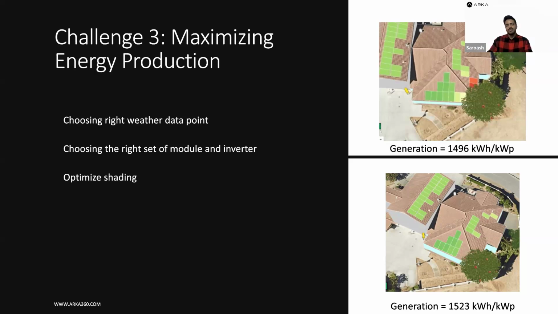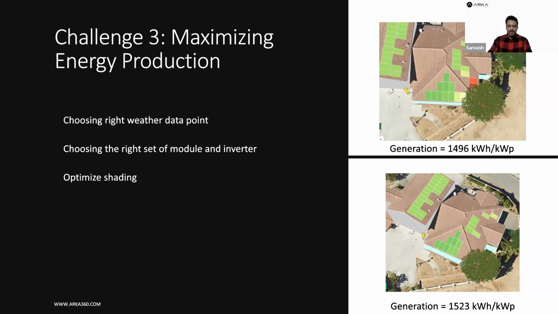Then a couple of points that everyone needs to think about, starting with choosing the right weather data. Everyone focuses so much on the output, and we are going to give a generation guarantee or some kind of proposal. In the proposal, we say that for the first year you're going to generate some amount of units or offset. But the lifetime of solar is actually between 15 to 25 years, and you don't want to end up choosing the wrong weather data.